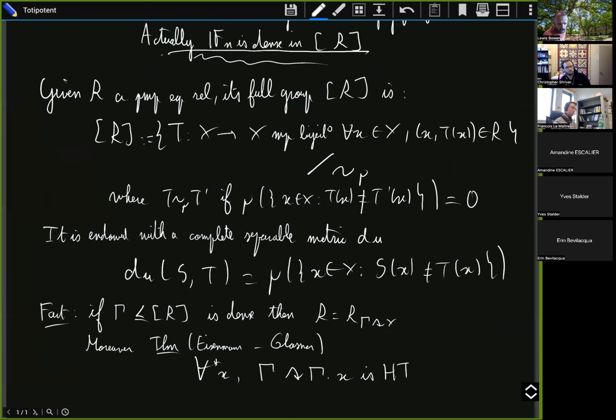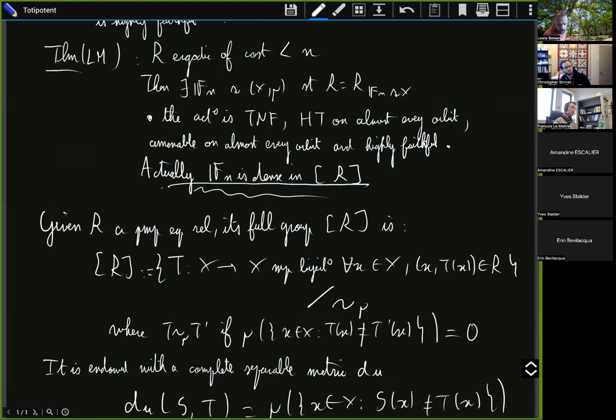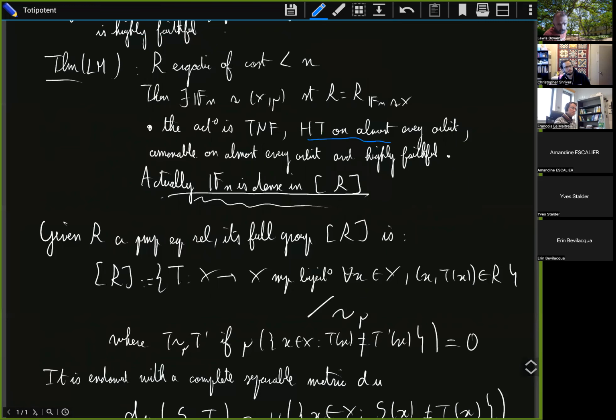This tells me that when I have a dense subgroup in the full group, automatically I get this hypothesis. This one comes from this. This is implied. Okay, and another thing that I observed is that total non-freeness is also implied by density.